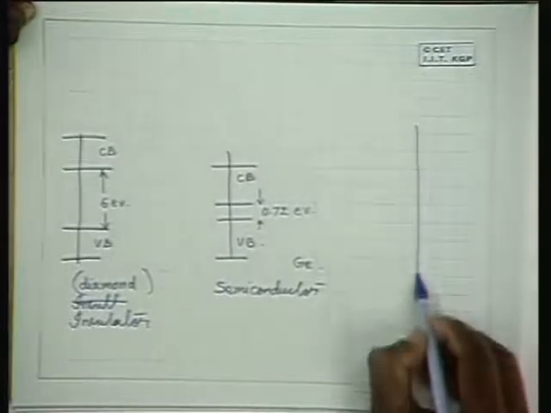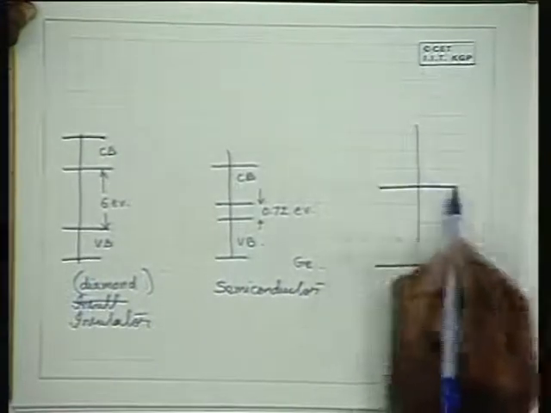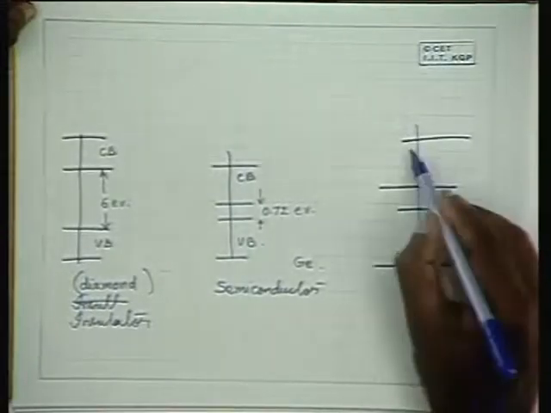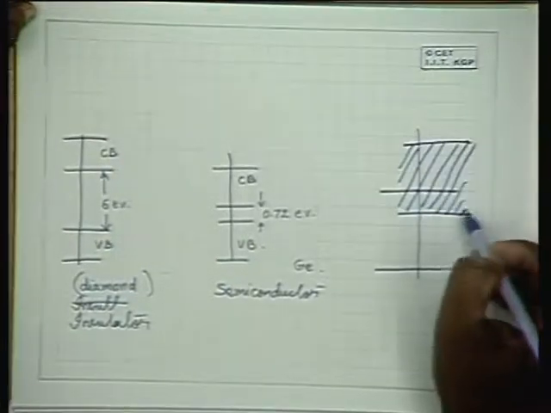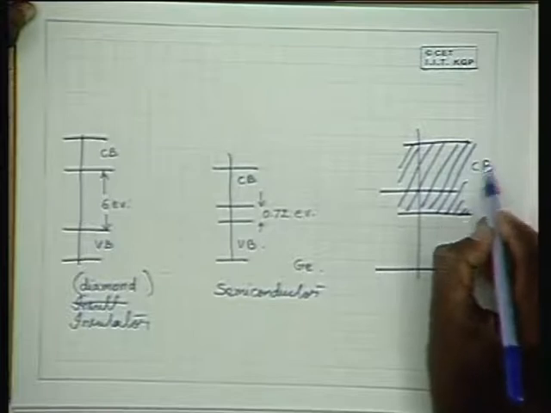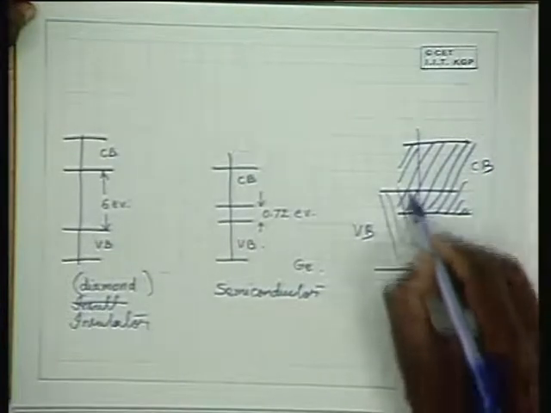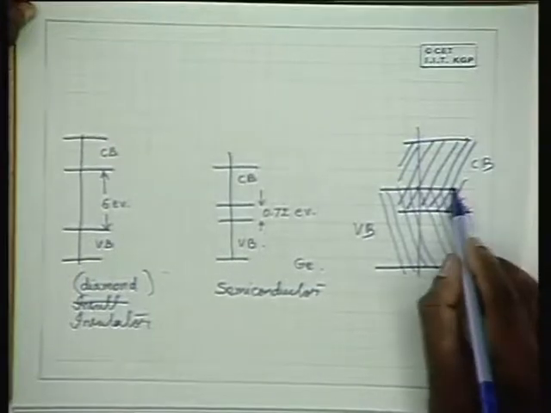So in the case of a metal, the valence band and the conduction bands overlap. For example, this is the conduction band and this is the valence band. So they overlap.